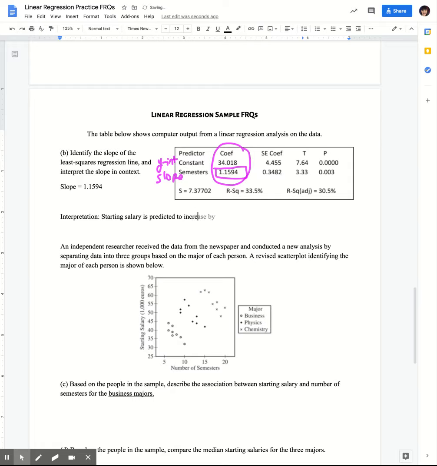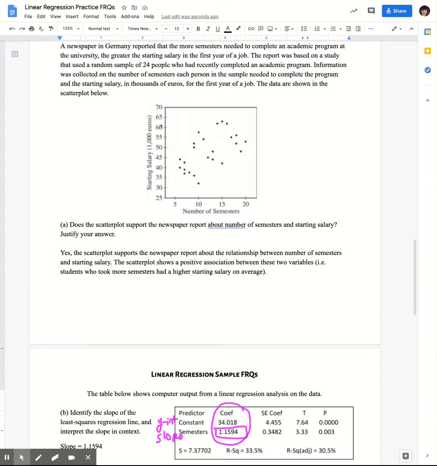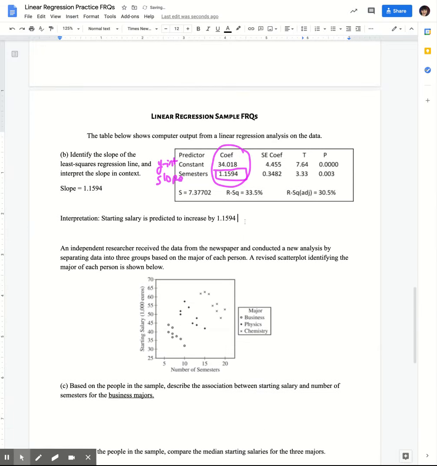So this is increase, to increase by 1.1594. And then you have to put your unit, which is 1,000 euros. 1,000 euros. And then you could put the phrase on average if you want, on average.